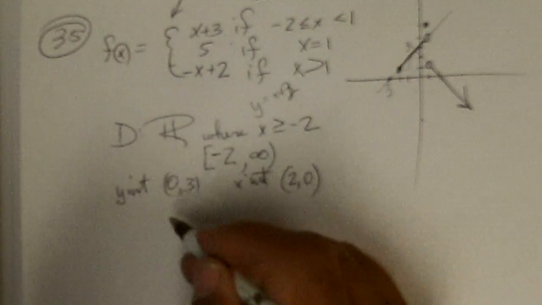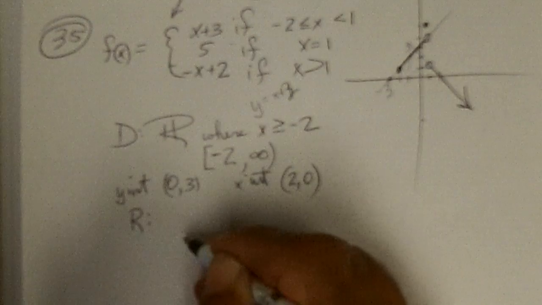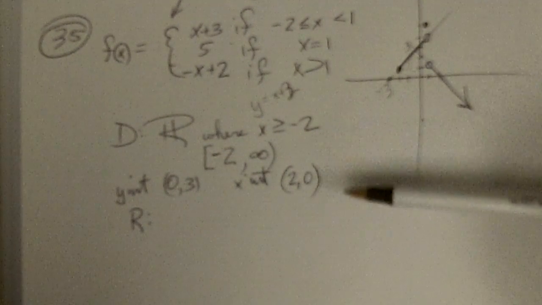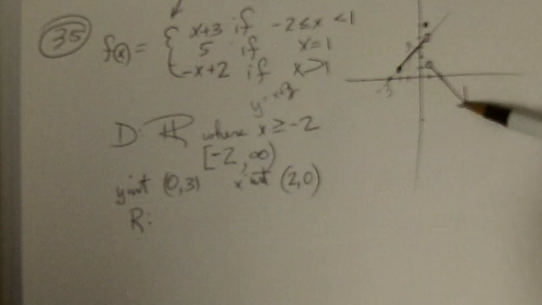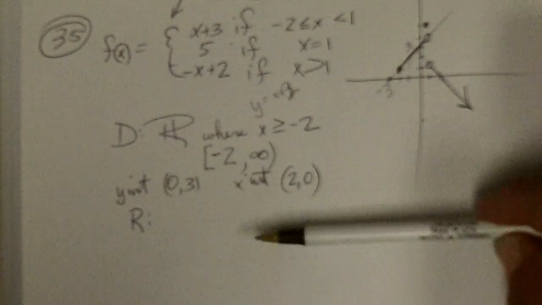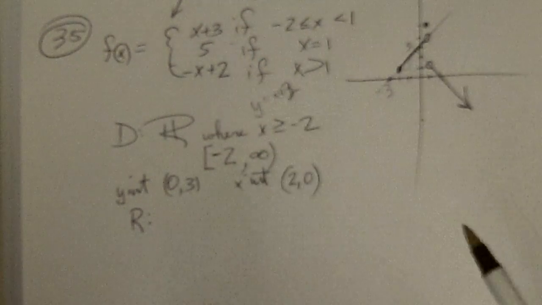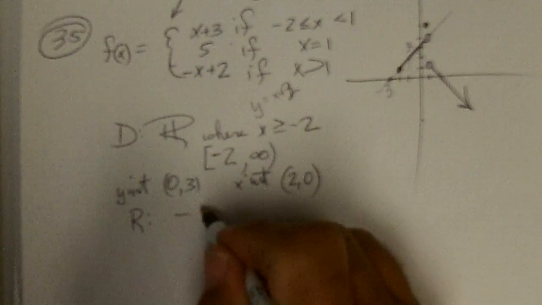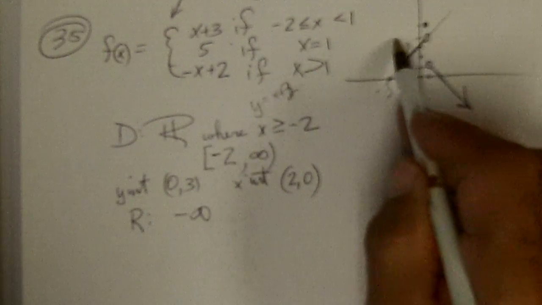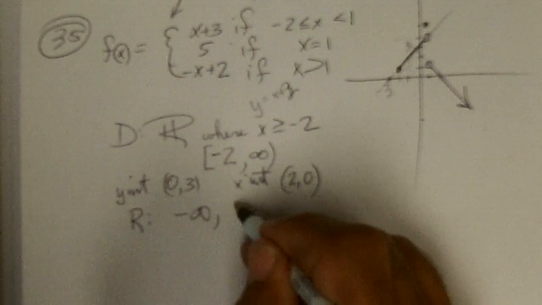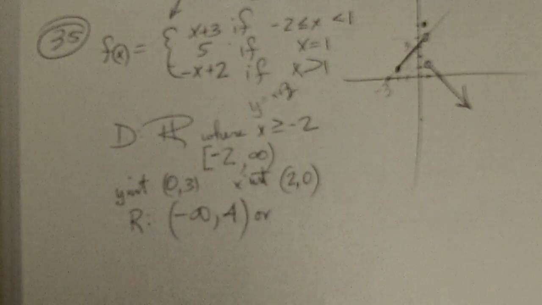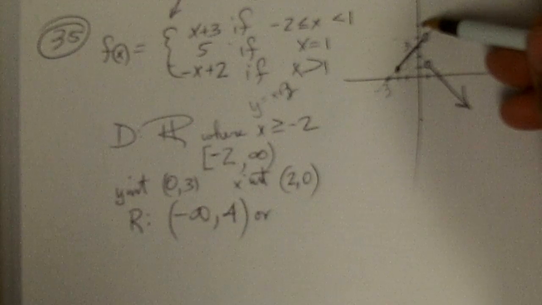So the range is going to be a little bit difficult. It starts at negative infinity, because this goes on down, down and down and down. So it goes from negative infinity up to 4, but not including the 4. And then it has one spot.